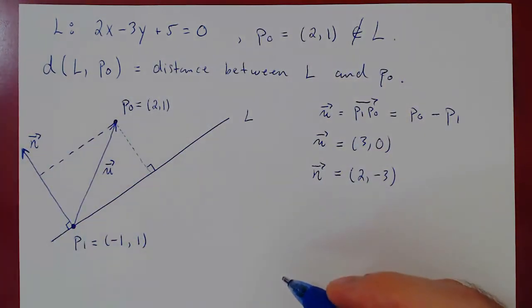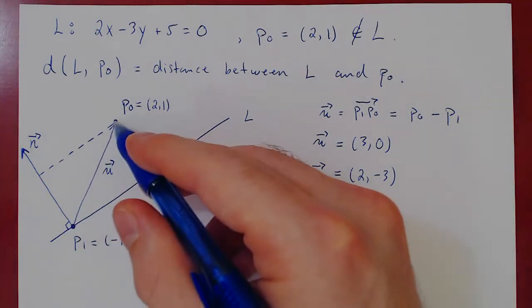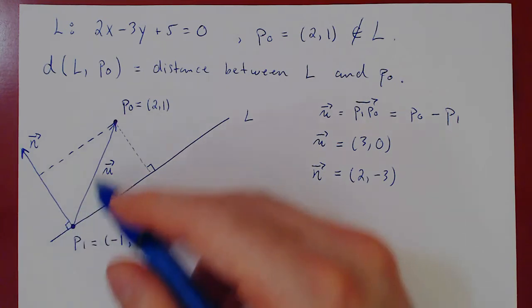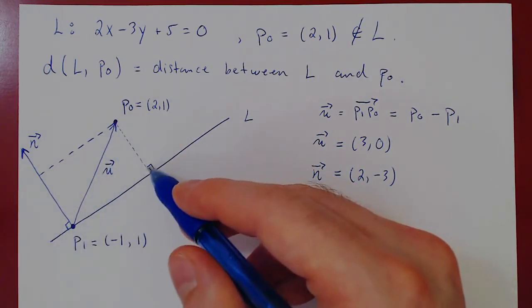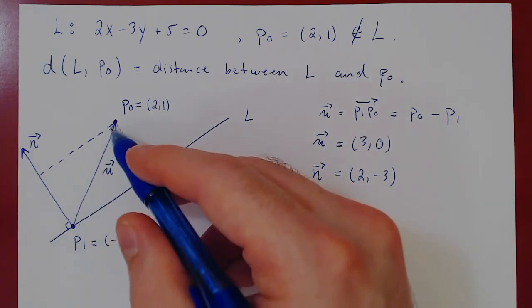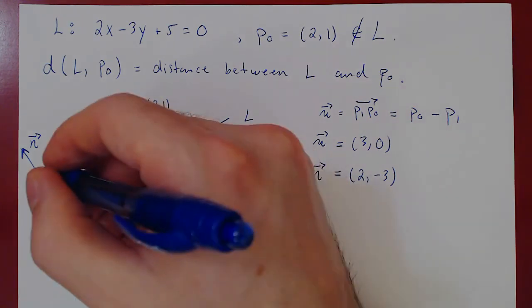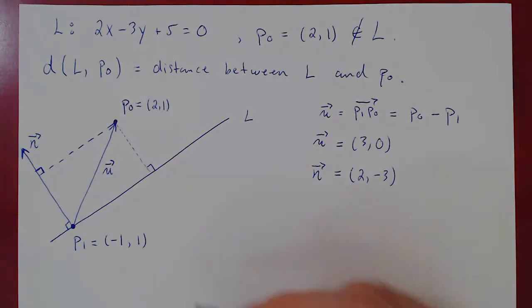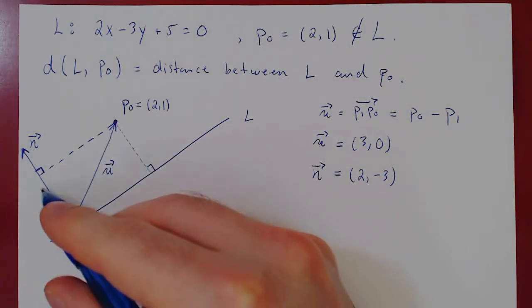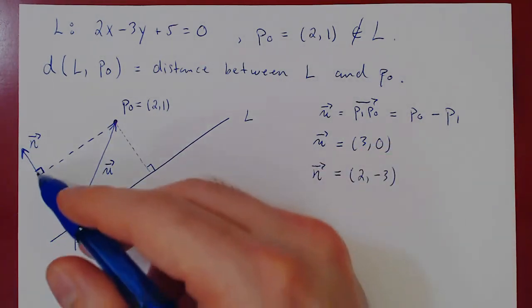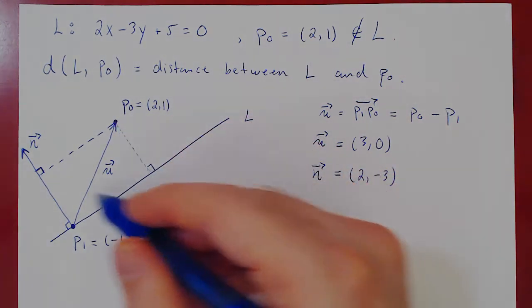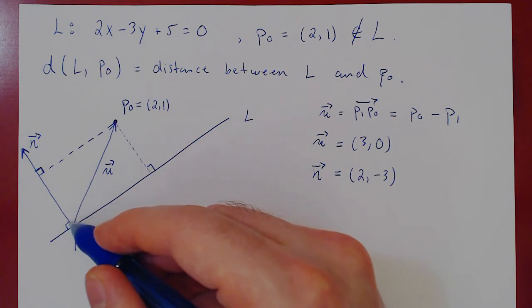And what do you notice? What we have built now is a rectangle, right? Both segments meet the line L in an orthogonal fashion, and we are considering here the orthogonal projection. So we have a rectangle. And it's pretty obvious that since we have a rectangle, the length of this segment is the length of this segment.